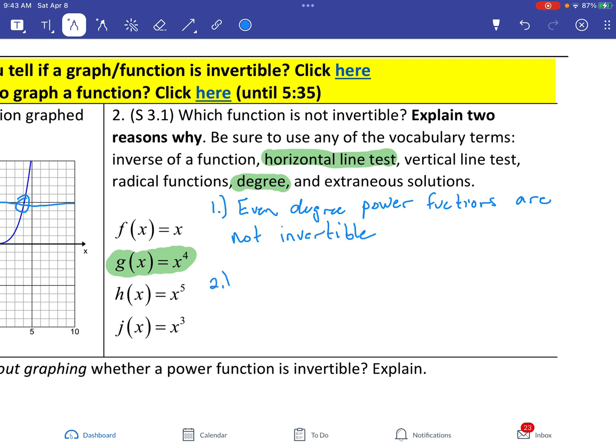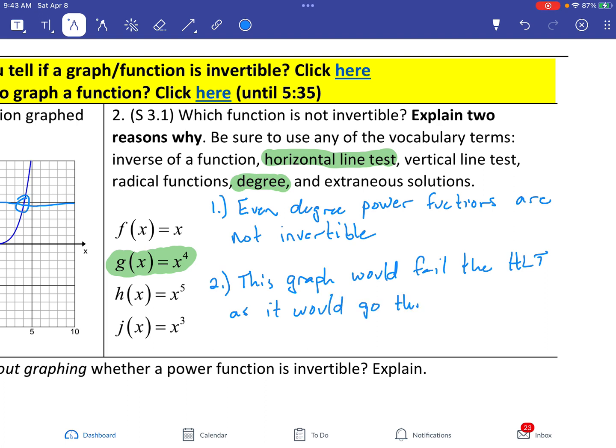And number 2, if you were to graph this, the graph would fail the horizontal line test as it would go through more than 1 point.